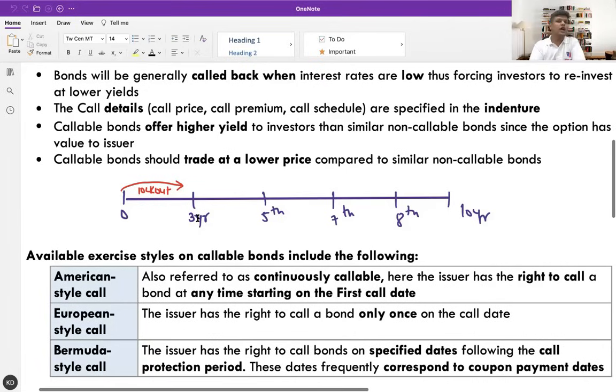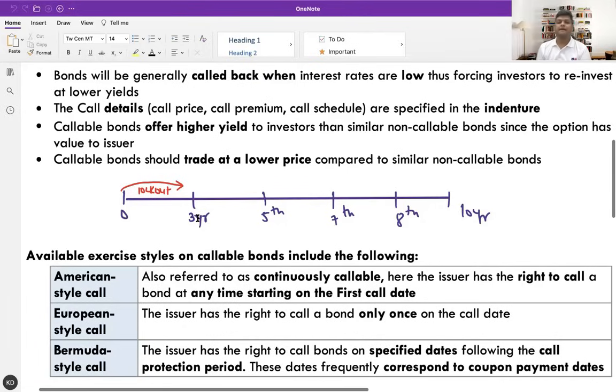So for me to convince you to put your money into a callable bond, what will I have to do? I'll have to give you more coupon, more yield, or I'll have to issue at a lower price. Only then will you invest in the bond, right? Yes. Clear. So one thing is for sure, for a callable bond, the yield is higher, or the price is lower, than a non-callable bond. Clear?